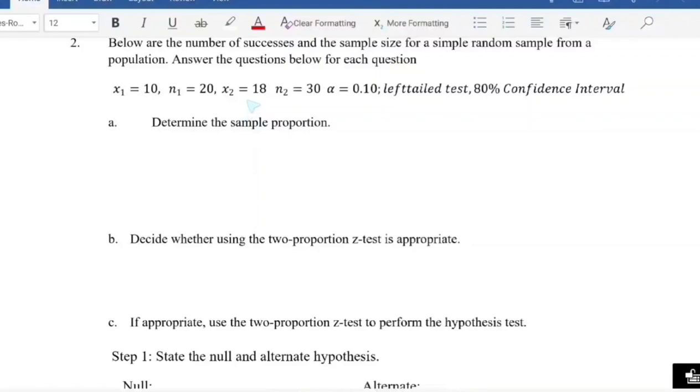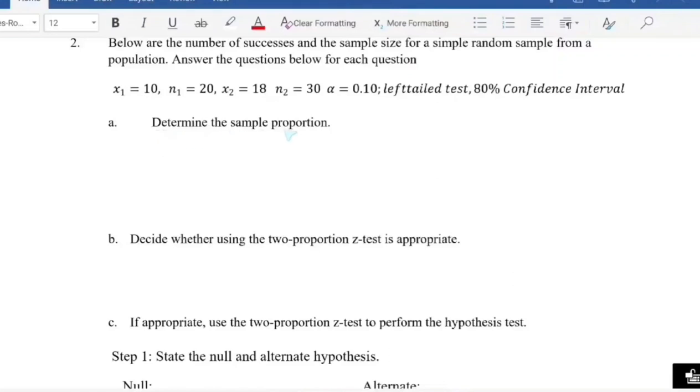X sub 2, that means the success number from population 2, is 18. The sample size for population 2 is 30. Alpha is 0.10. That means they're asking us to test this at a 10% significance level, make it a left tail test, and then when we go to find the confidence interval, make sure you're using the 80% confidence interval.